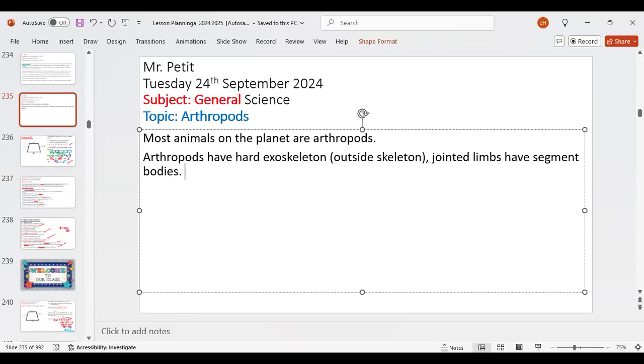Do you all understand that? Yes, sir. Good. So what are 3 characteristics that all arthropods have? Hard exoskeleton. A segmented body. And jointed limbs, right? We could divide the arthropods into 4 classes.